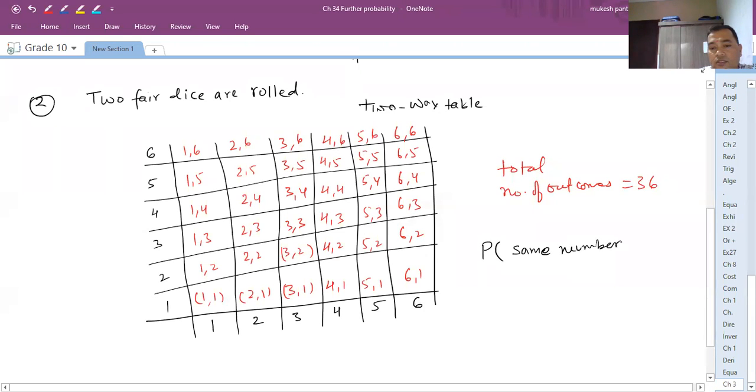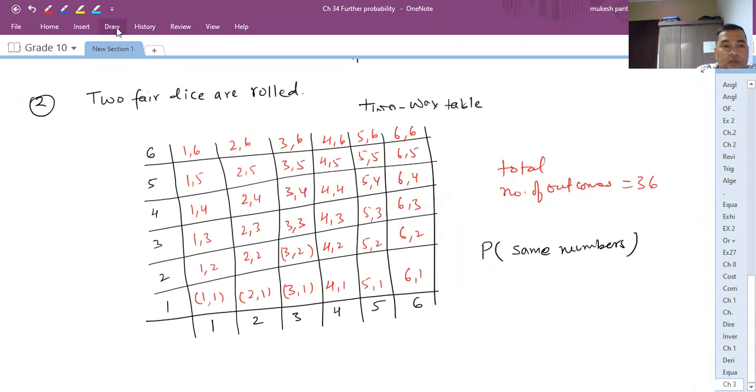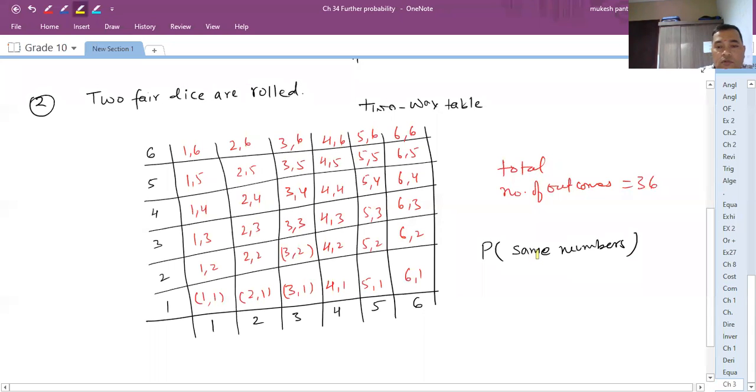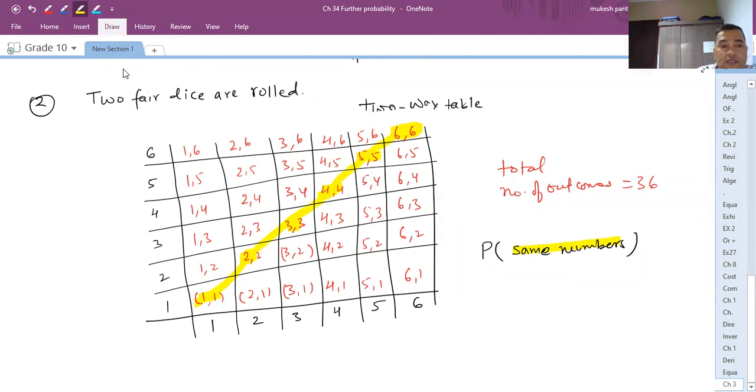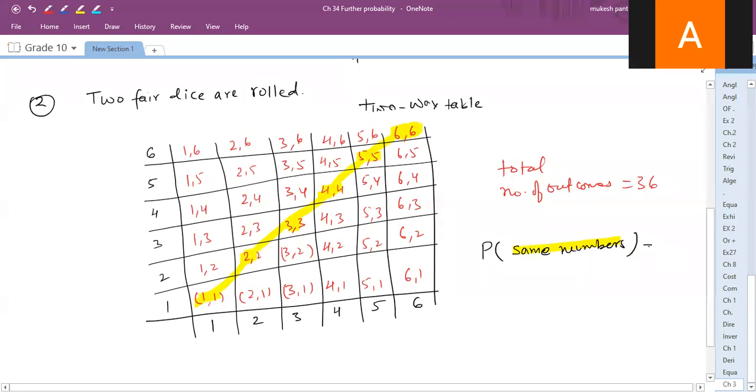Same numbers means 1 and 1, 2 and 2, 3, 4, 5, and 6. How many times do we get the same number? Six times. So 6 out of 36, that will be 1/6.